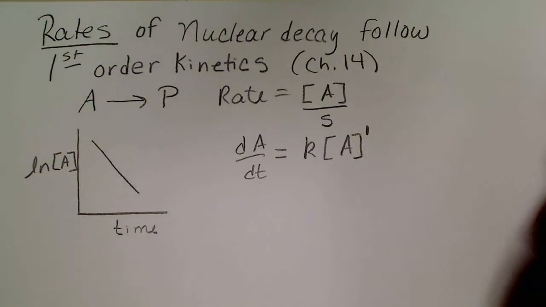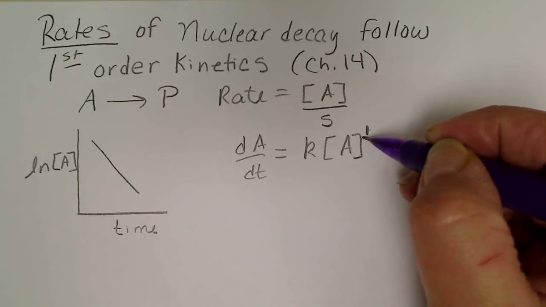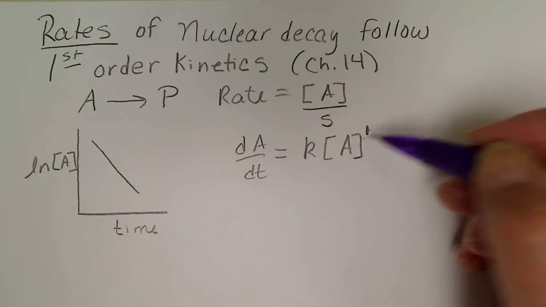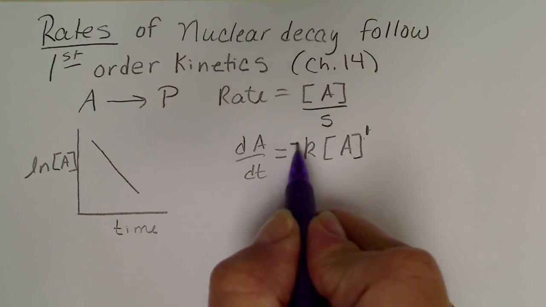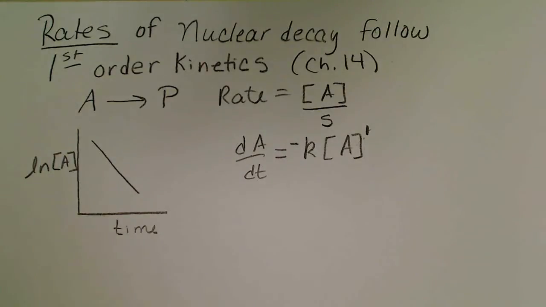So first order kinetics means our power is 1 and that there is only one reactant, and this is probably actually negative since the amount of A we start with is always decreasing.